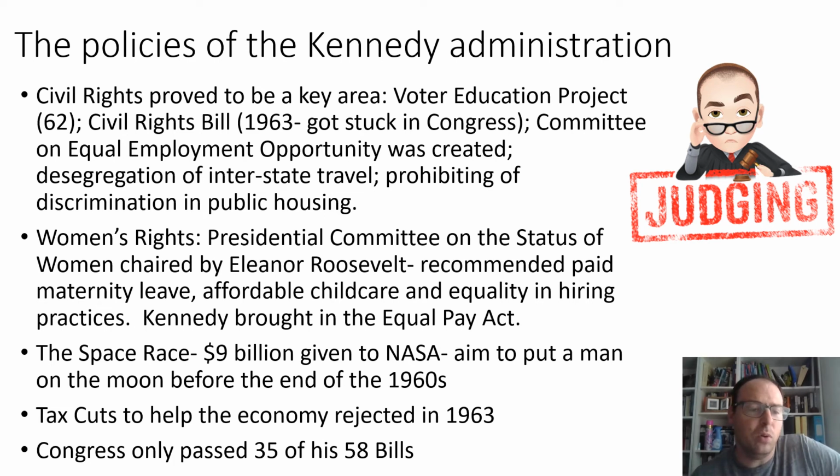And overall, Congress only passed 35 out of Kennedy's 58 bills. So Kennedy is trying something new with his New Frontier. He's got some people in from outside, a different kind of group of people surrounding him in his administration, but he is largely frustrated by Congress, and therefore maybe doesn't make the strides that he would have hoped for.